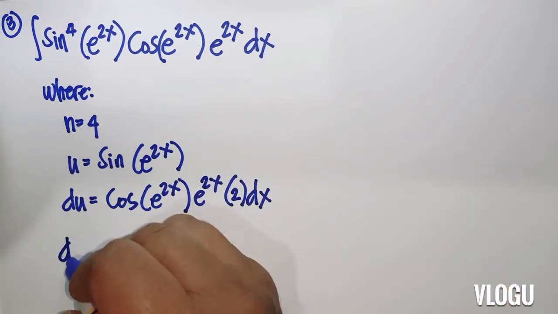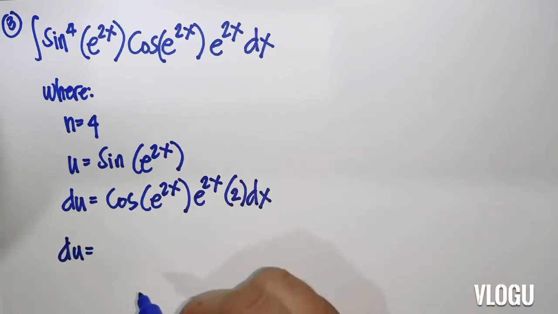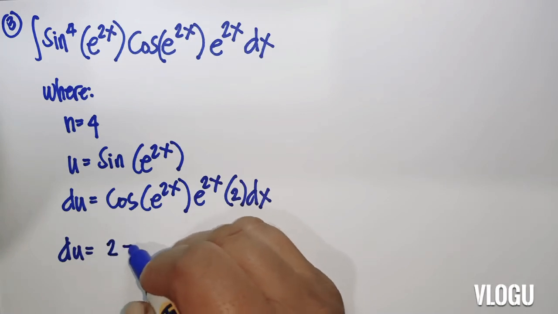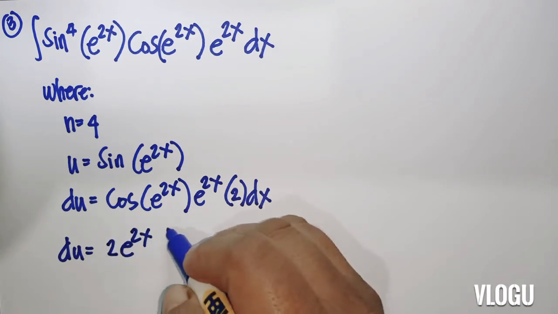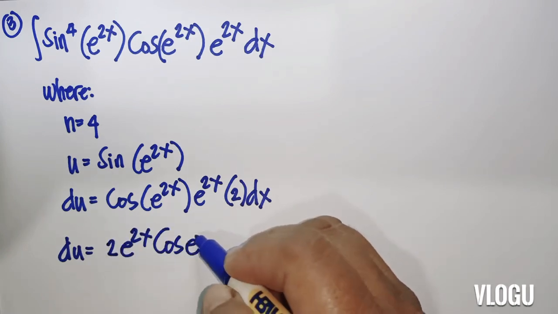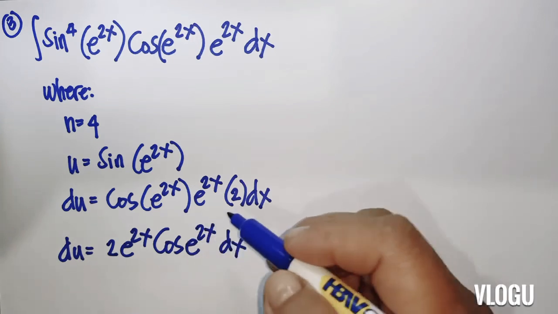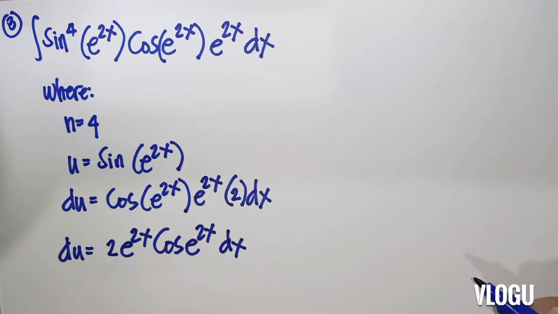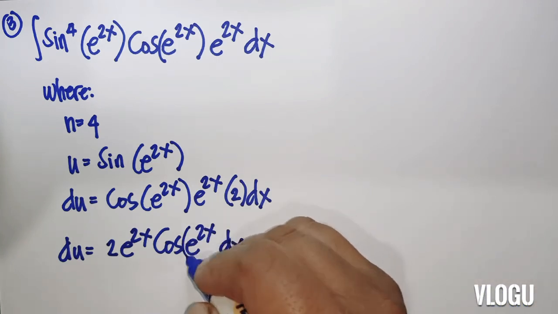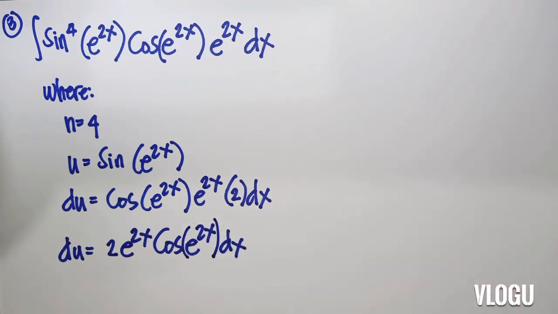So therefore, du is equal to 2e to the 2x cosine (e to the 2x) dx. So that is now our du.